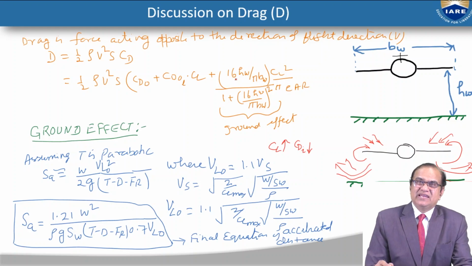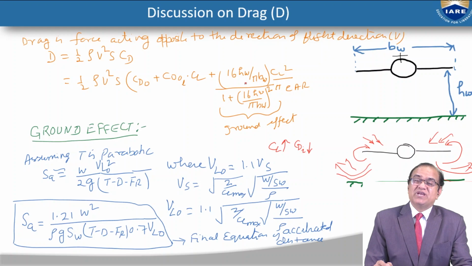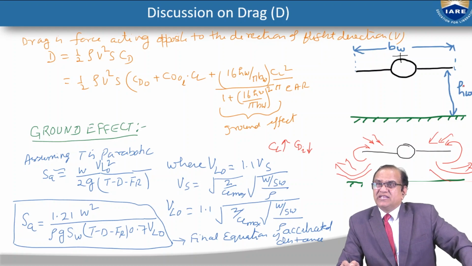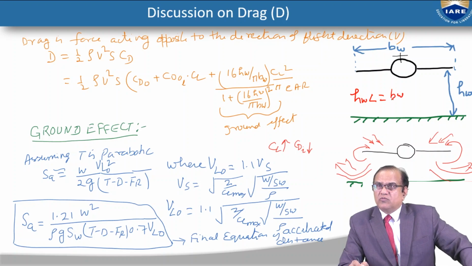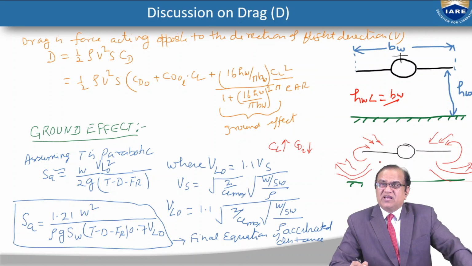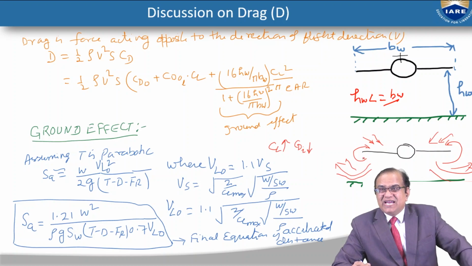This here is called the ground effect. Ground effect plays a very important role on the aircraft. If your aircraft wings are very near the ground, that is, HW is less than or equal to BW, then ground effect will be experienced, and this ground effect will be generated normally at the wingtip.